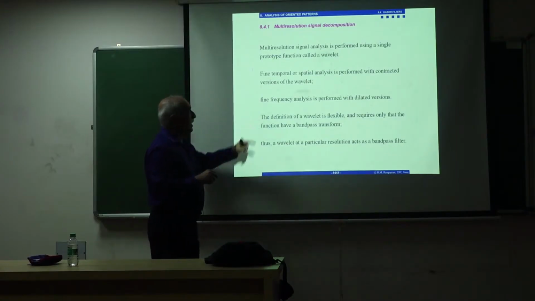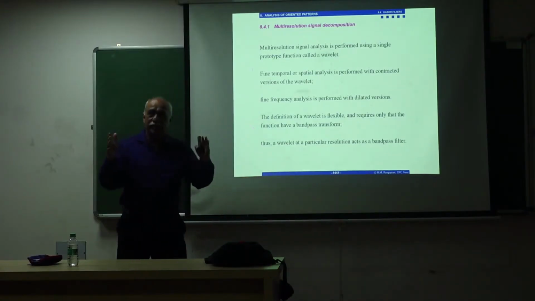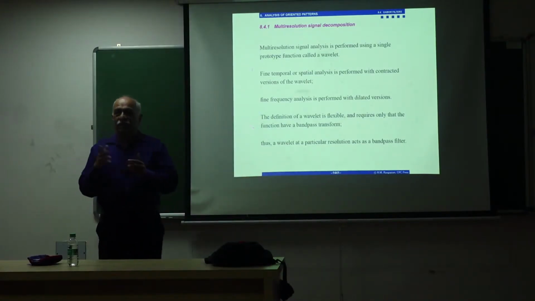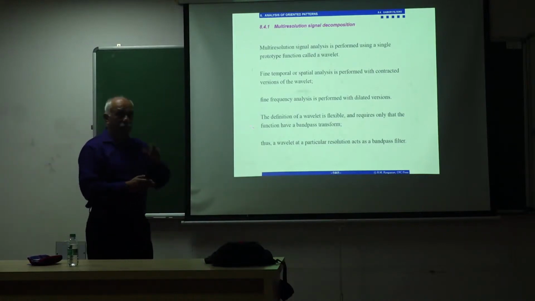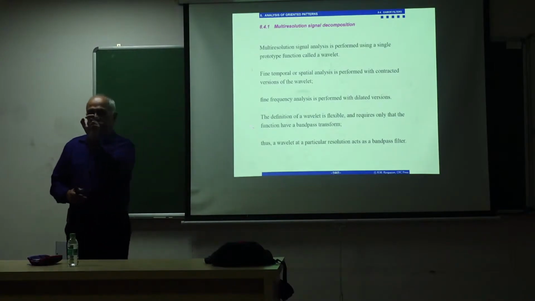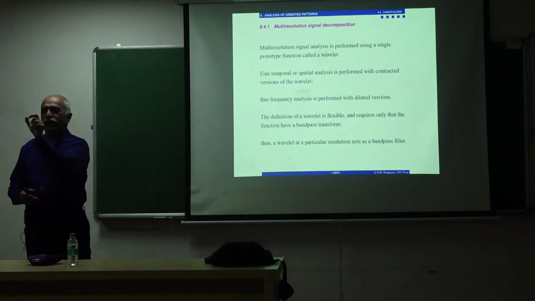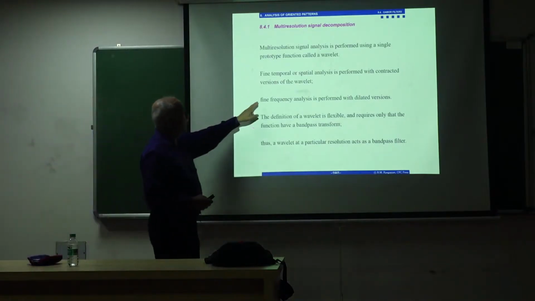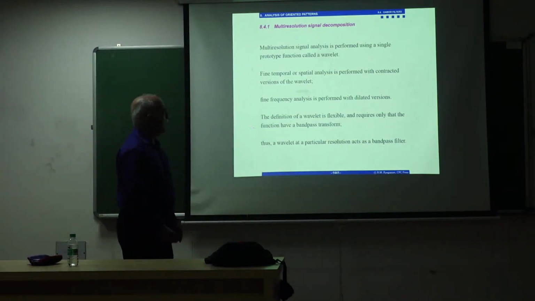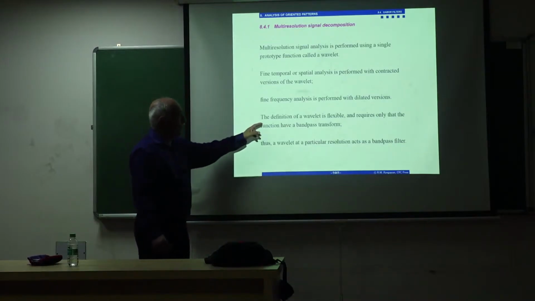Fine frequency analysis is performed with dilated versions. You want to reduce the bandwidth, then you make the wavelet bigger or slower. Then the bandwidth is reduced, and so the filter becomes narrower, and you need more of them. So you get better or finer frequency resolution.